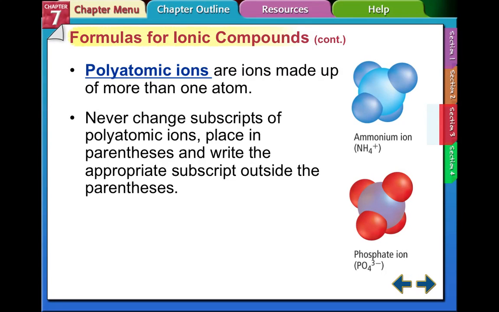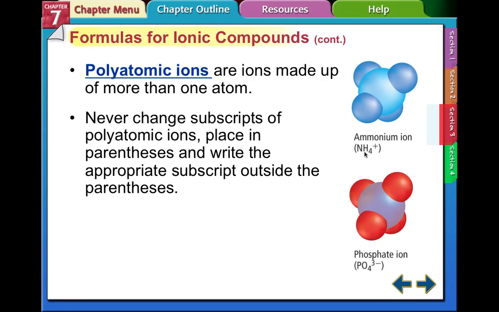Now we're going to look at polyatomic ions. Poly means many, so you're going to have more than one element in this combination. If you look over here at the ammonium in parentheses, you're always going to keep your polyatomics in their parentheses. It helps to signify that they are polyatomic.